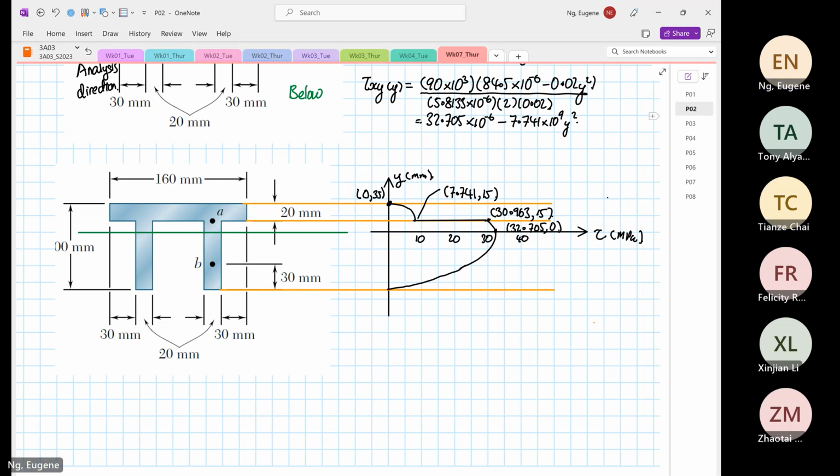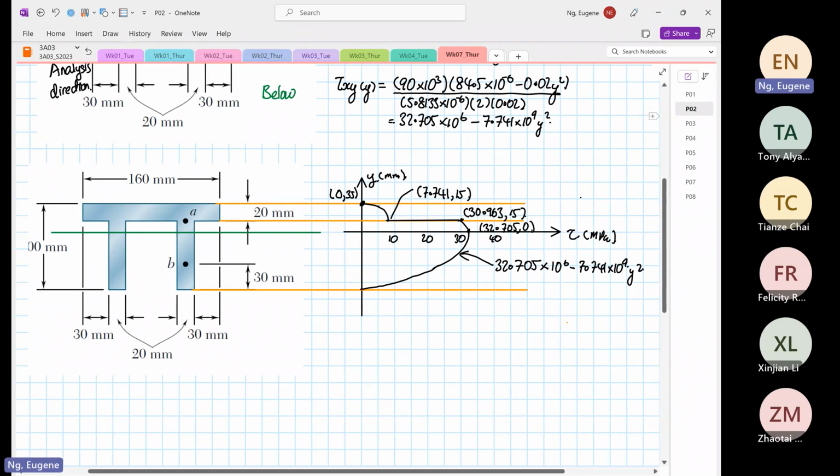Okay, and we know that the function for this curve is equal to 32.705 times 10 to the power 6. Should not be minus, I do apologize, plus 6 minus 7.741 times 10 to the power 9 y squared.